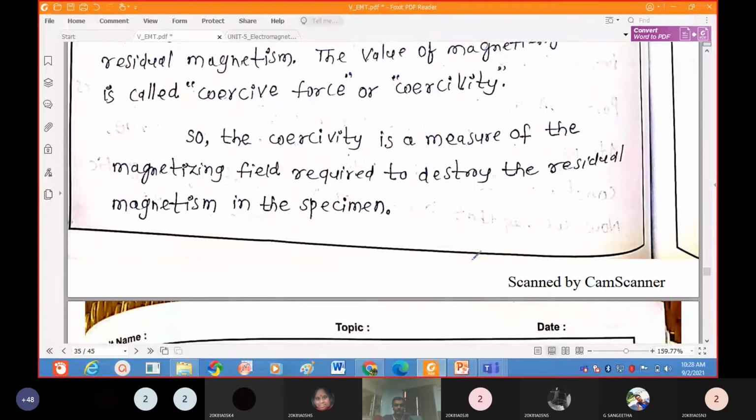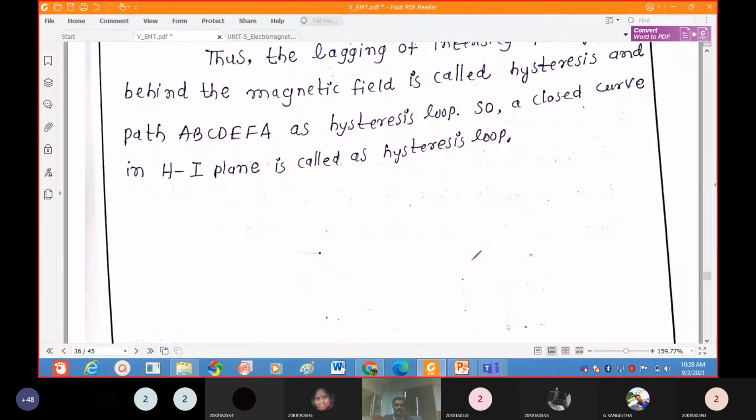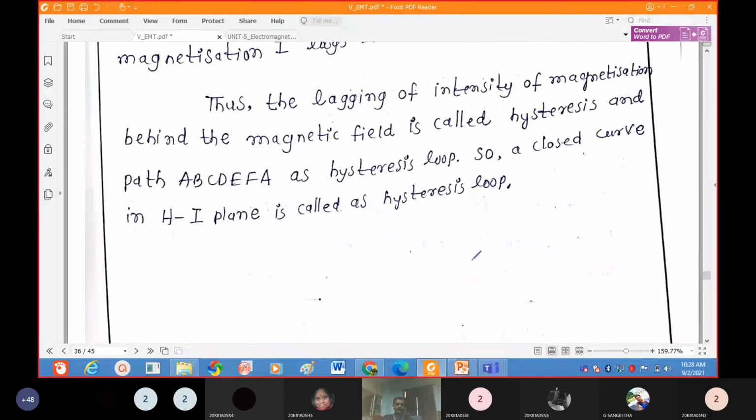Now coming to the total discussion, whatever we discussed: that path ABCDEFA is the hysteresis loop. This is a closed curve in the HB plane or the HI plane.